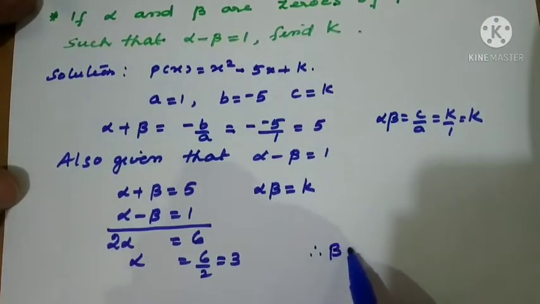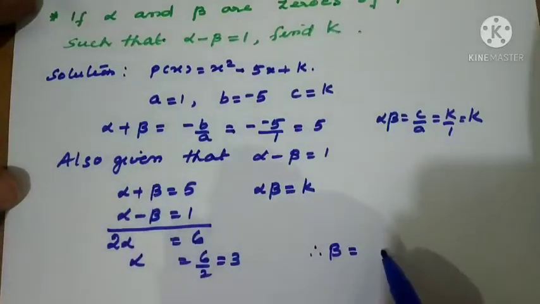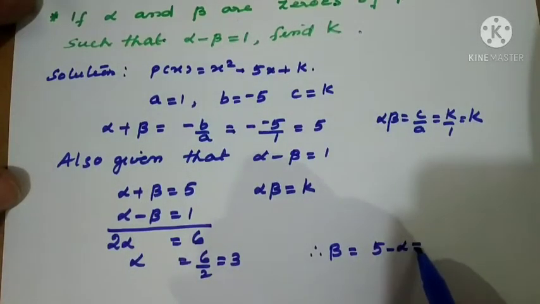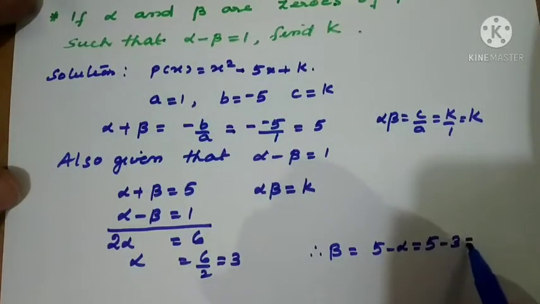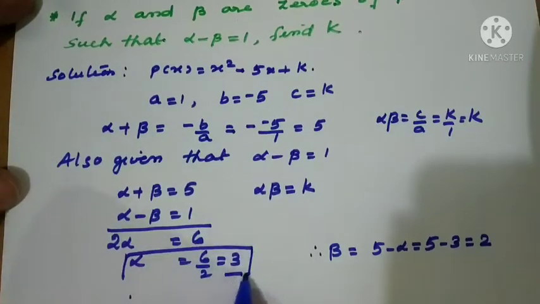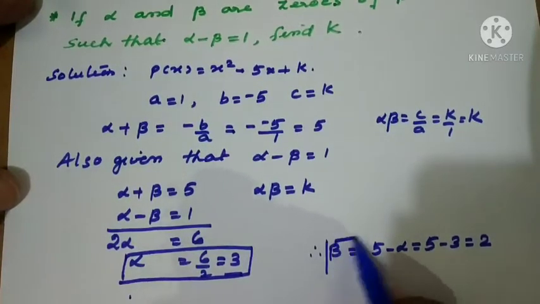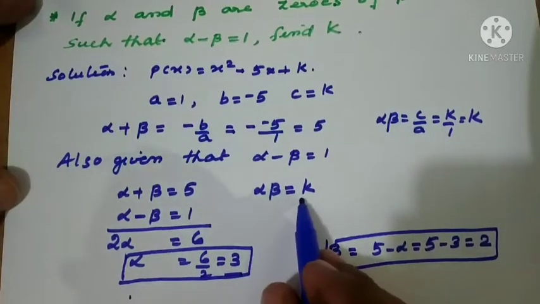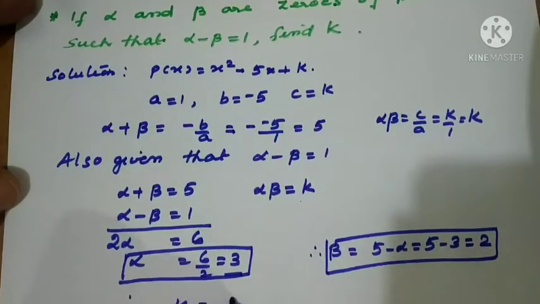Therefore beta equal to 5 minus alpha, 5 minus 3 equal to 2. So therefore we got alpha equal to 3, beta equal to 2 now. Now what is k? K equal to alpha into beta, 3 into 2 equal to 6.